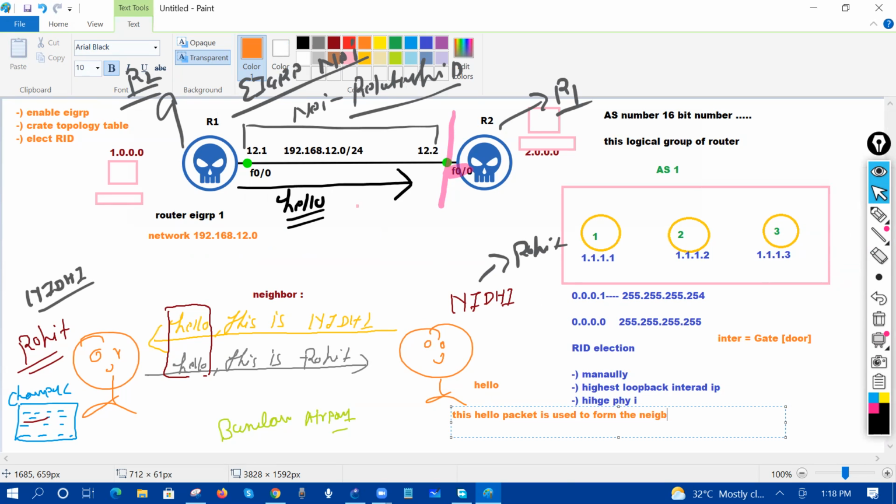It seems like a normal example, right? These two guys, Rohit and Nidhi, are exchanging the hello to form the neighborship. At the same time, once they form it, after that the routers keep exchanging hello packets every 5 seconds to maintain the neighborship.